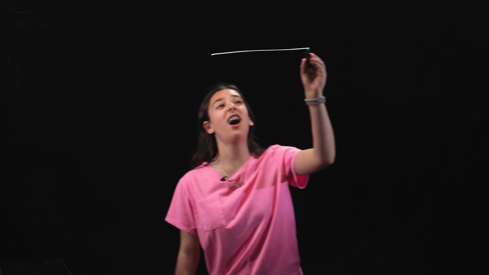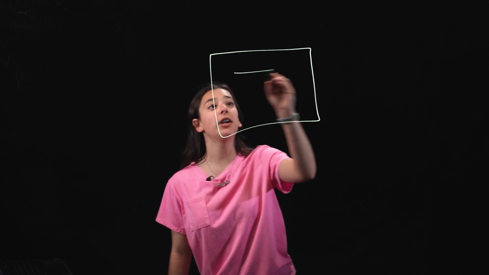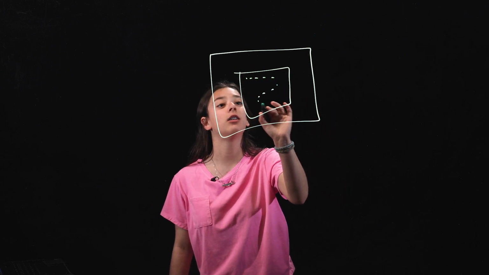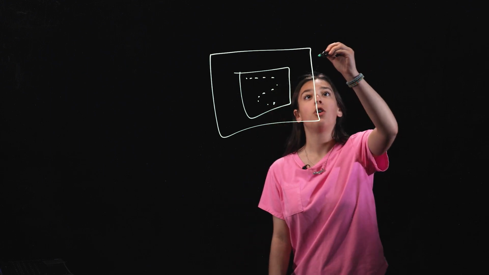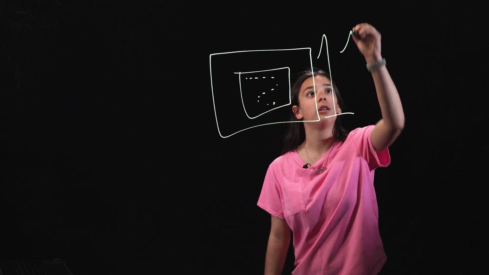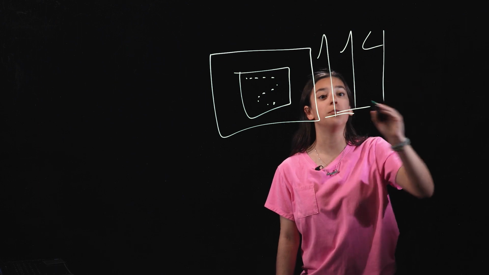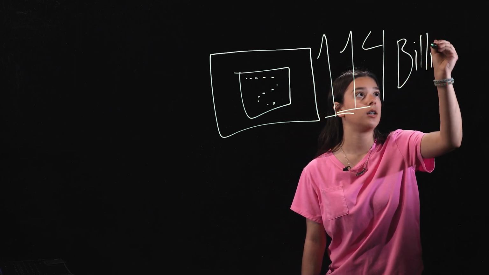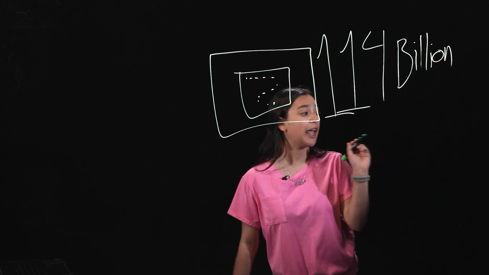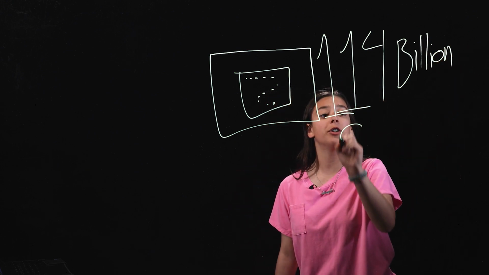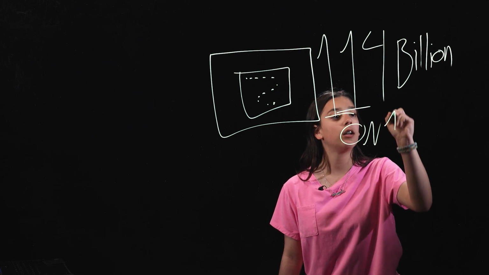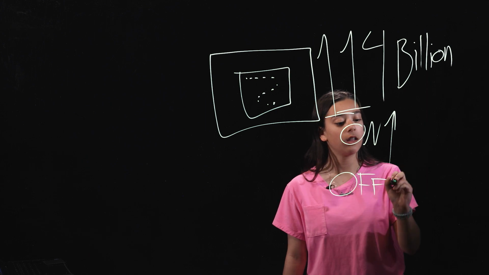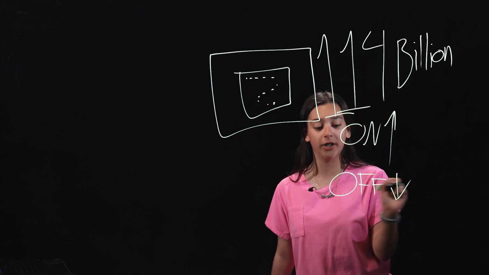Now, inside the microprocessor, there are billions of transistors. 14 billion to be exact. They need to be turned on and off at all times.